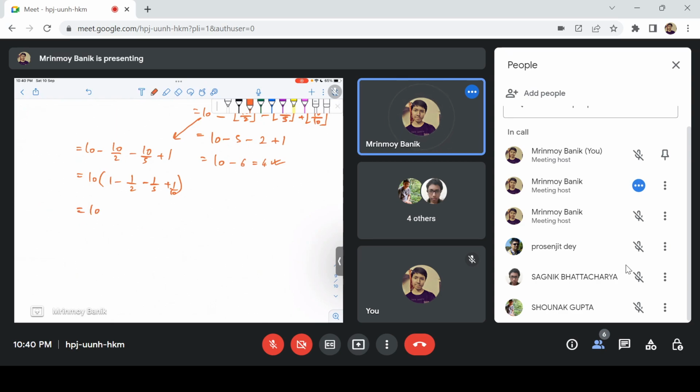So it's 10 times 1 minus half times 1 minus 1 by 5, and that's the usual form of the formula we are used to using.